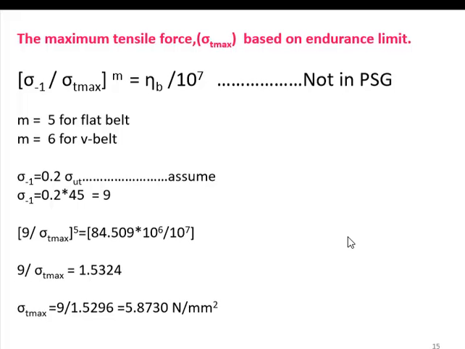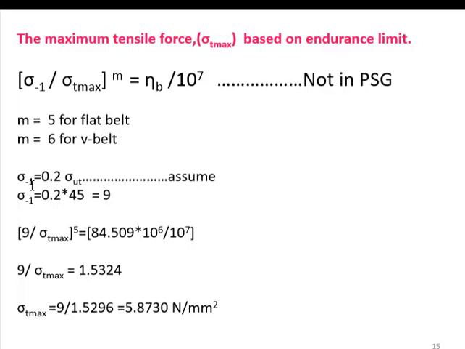Once we have done that, we can calculate the maximum tensile stress based on endurance limit. Now this is the formula you may have seen in the fluctuating stresses. M is a factor which is phi for the flat belt. Eta B is something we have just calculated, that is the stress cycles.